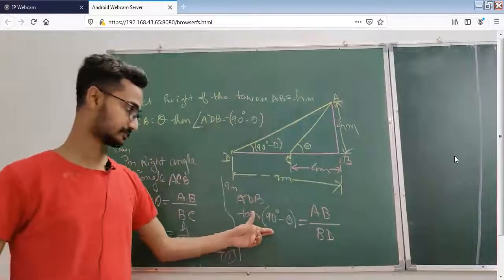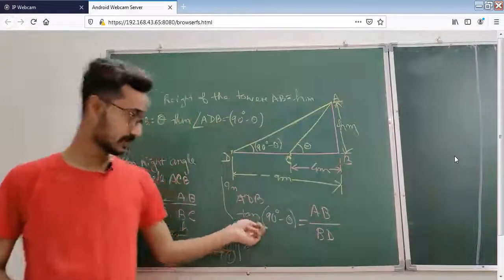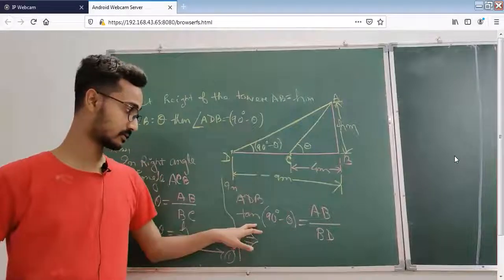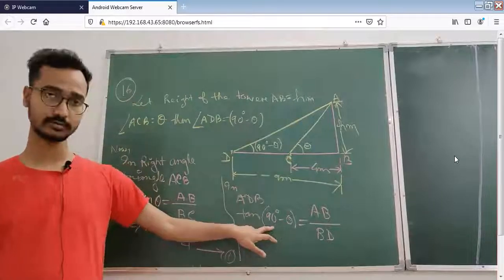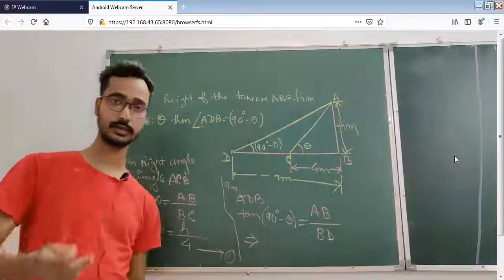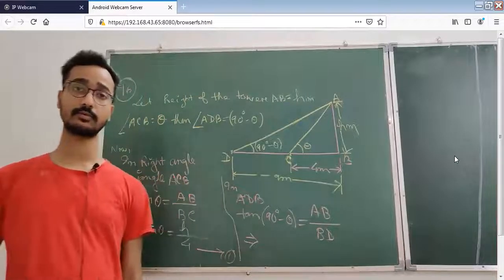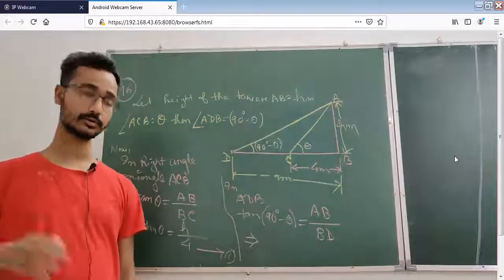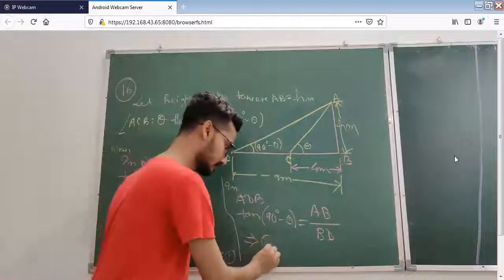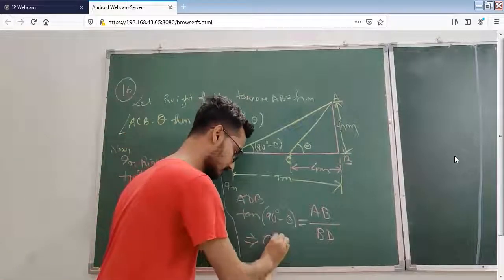These things I have already discussed. This type of expression, tan will change into cot. Tan 90 minus theta will be cot theta, sin 90 minus theta will be cos theta, sec 90 minus theta will be cosec theta, again cot 90 minus theta will be tan theta. So it will be cot theta.